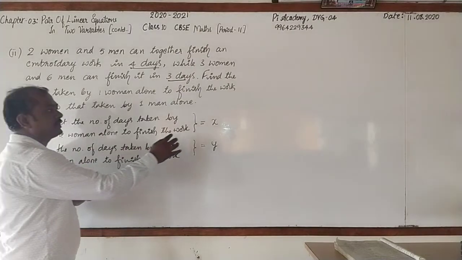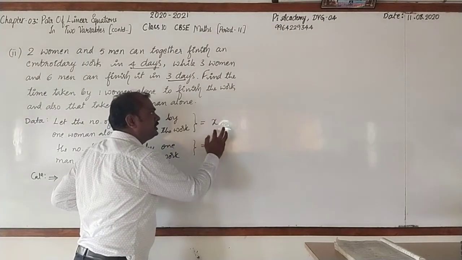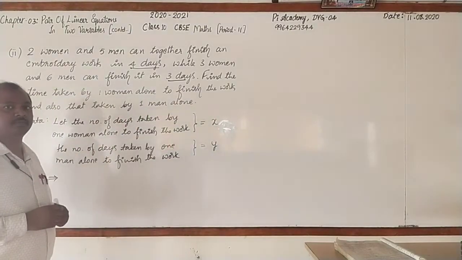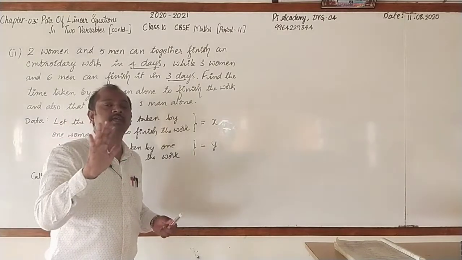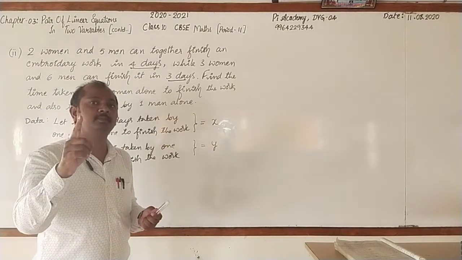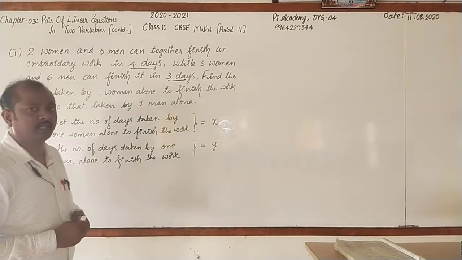If she uses X number of days, 1 day it will be 1 by X. Very simple. If she is going to take total 10 days, out of that 1 day means it is 1 by 10.